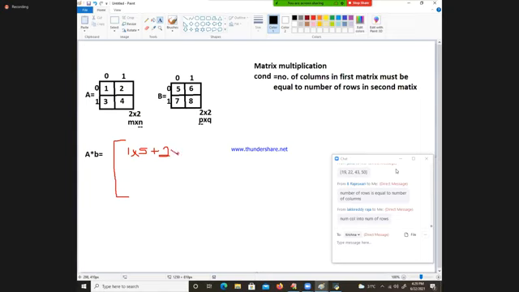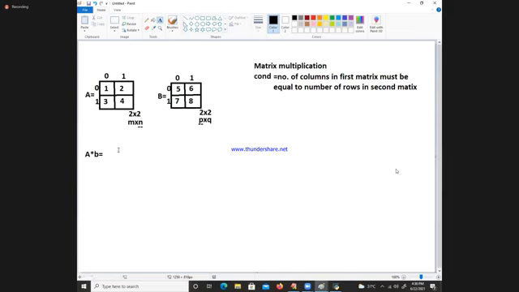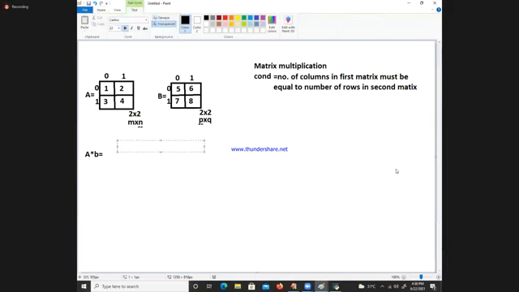I will write it with the keyboard. 1 into 5 plus 2 into 7.